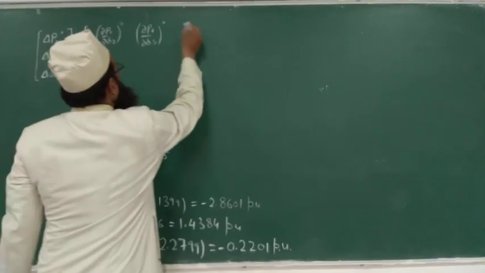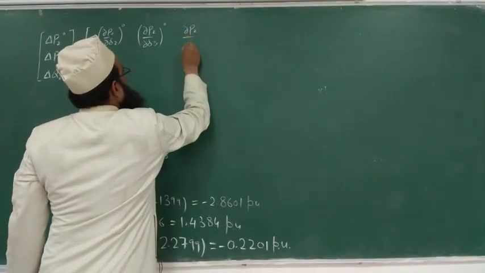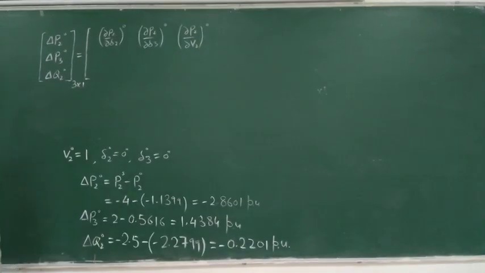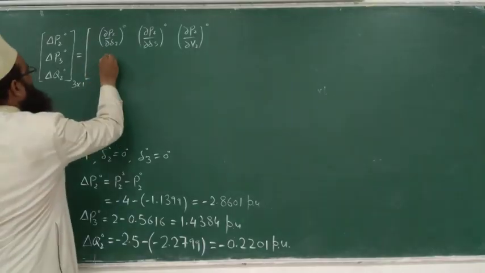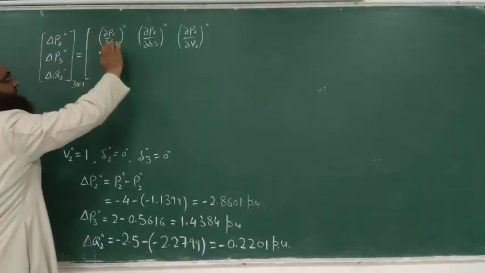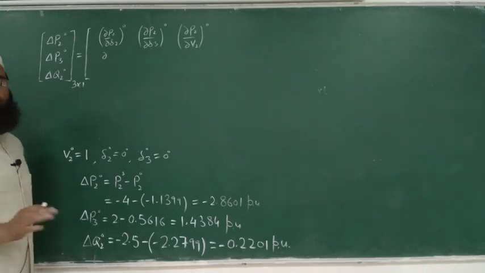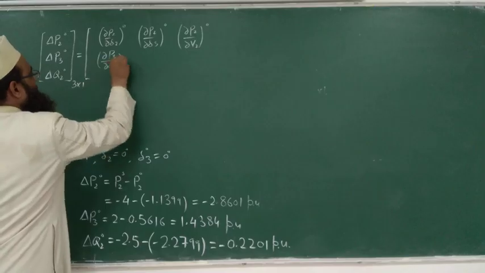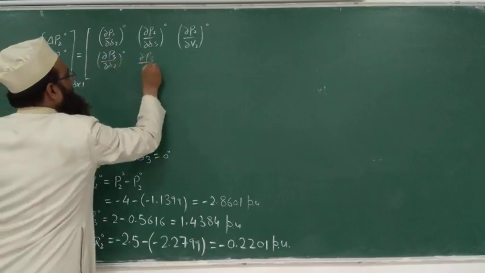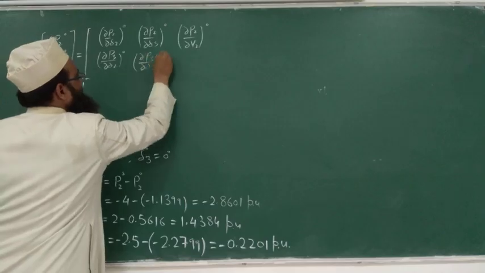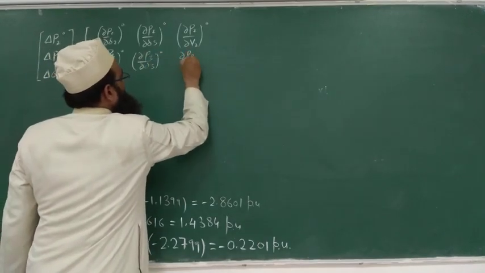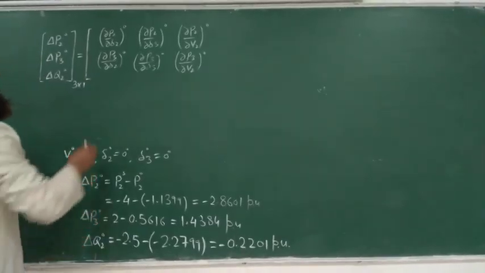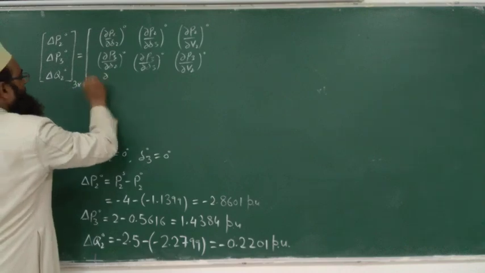So the third element of first row will be del P2 upon del third variable, which is V2, right? Are you getting or not? So write the second row corresponding to P3. Again variables are delta 2, delta 3 and V2. So you will write del P3 upon del delta 2, del P3 upon del delta 3 and del P3 upon del V2. Are you getting or not? So the next will be Q2.